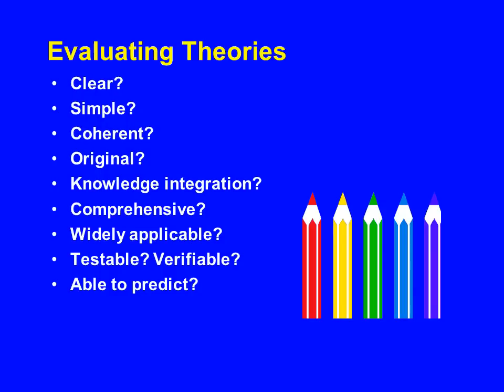Knowledge integration, though, it doesn't fit in, it doesn't explain why Venus is misbehaving itself as a planet. So it's not totally comprehensive. Widely applicable, well, yeah, to all of the solar system except Venus.